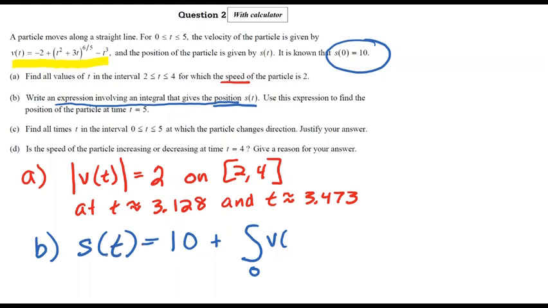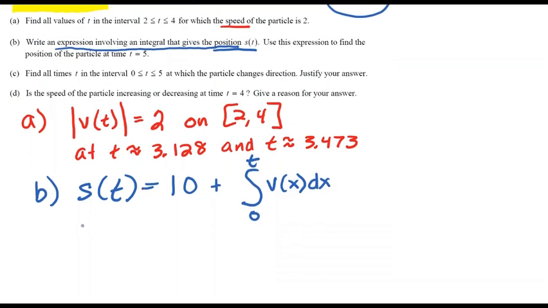So the position at any time t would be the initial value, where did it start, plus its displacement from 0 to t. So now I want to have a new variable here for our velocity function, since we're using t in our accumulator function. All right, and now we want to specifically use that function to find out its position at time 5. And again, let your calculator do all the work here.